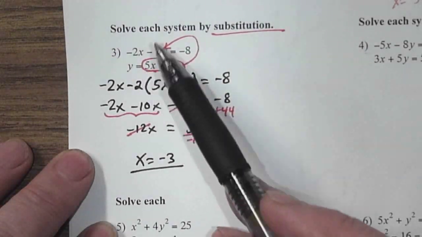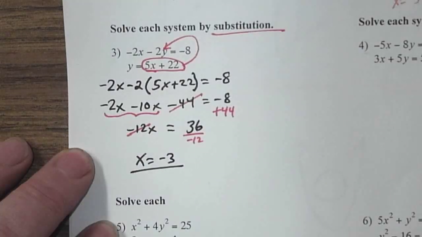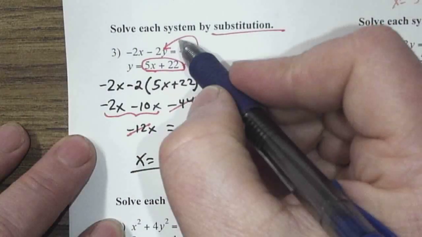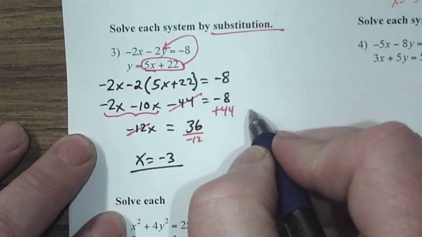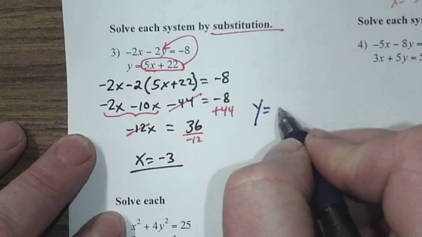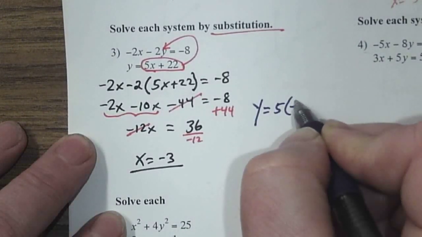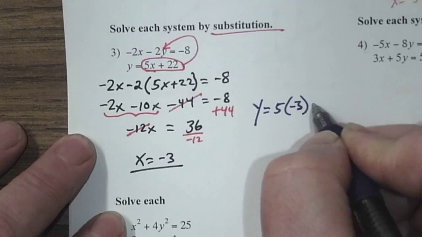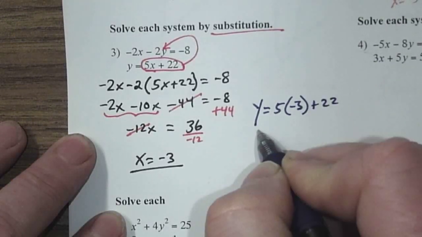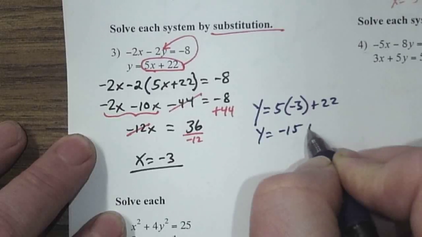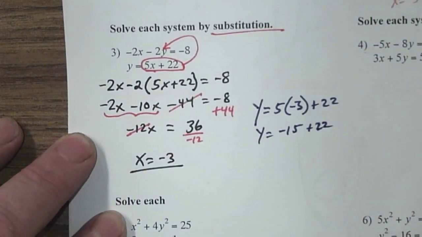So now I'm going to plug x back in. Where do I plug it back in? Well, plug it into the simplest looking equation between the two. I think this one looks simplest. Make that look like a 3 plus 22. So y will be -15 plus 22.